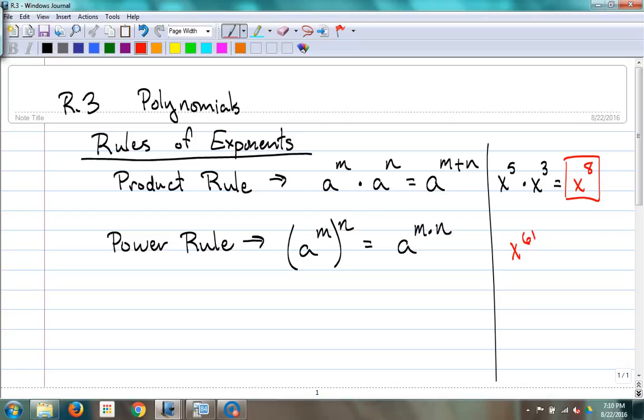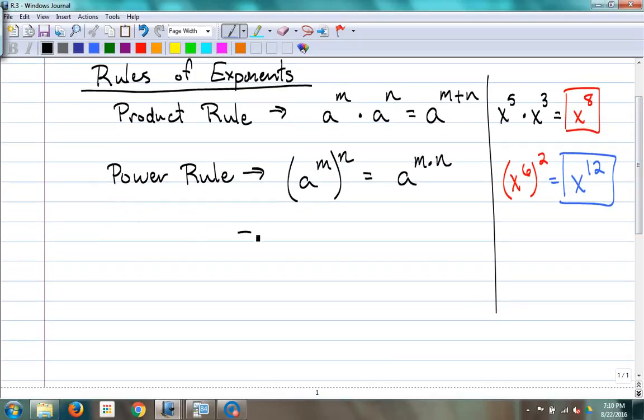Example might be x to the 6th power squared. That would be x to the 12th. 2 times 6, 12. Parentheses, exponent on the outside, says you multiply those exponents together. That is the power rule. Power rule, part 1.